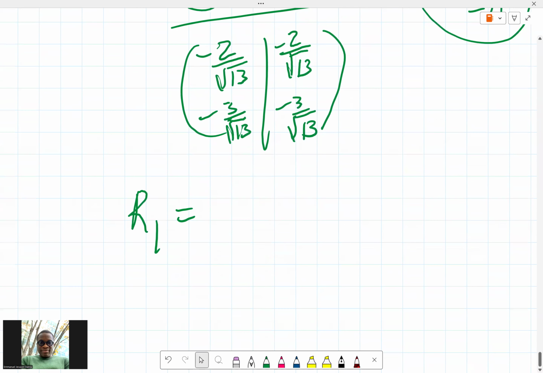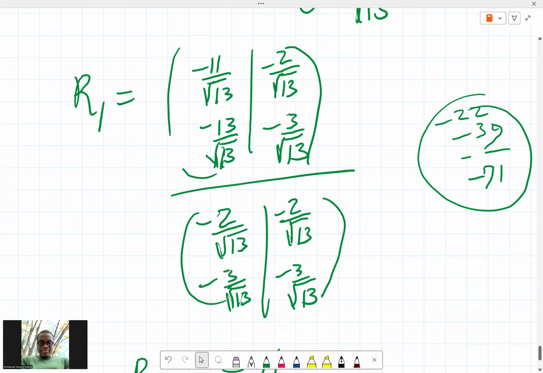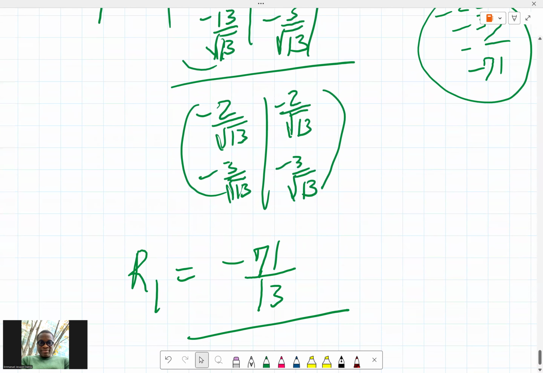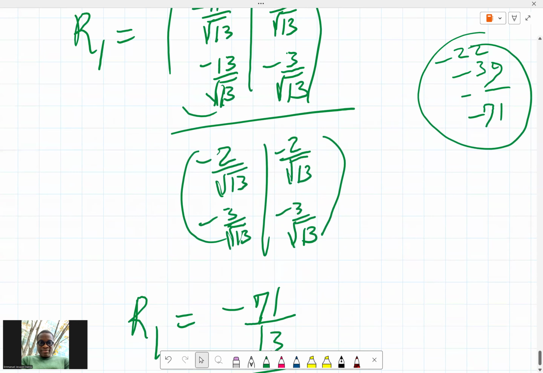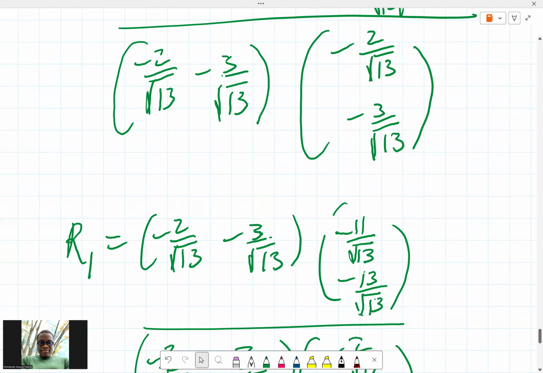So that's minus 61 over 13, divided by, for this, we have 4 plus 9.